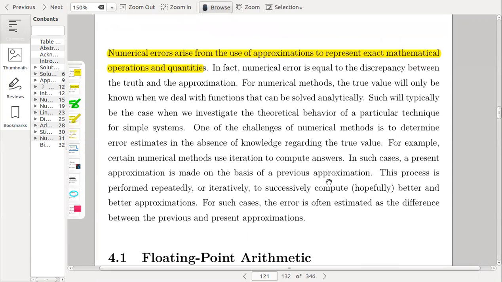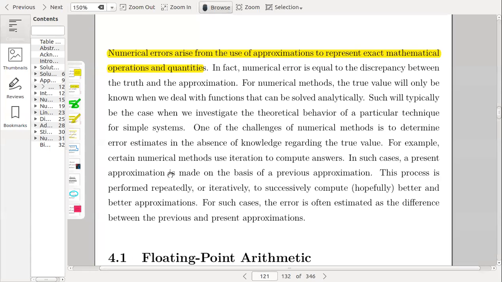So here the example is that certain numerical methods use iteration to compute answers, like iterative methods. In such cases, a present approximation is made on the basis of a previous approximation. This process is performed repeatedly because an iterative algorithm is an algorithm that can be applied repeatedly to solve the problem.